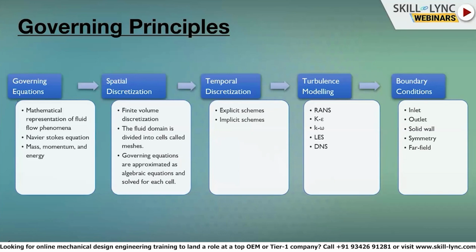For our computational fluid domain, we can specify the boundary, which will be the representation of the actual values in the actual problem. There are different boundary conditions like the inlet boundary condition. The inlet boundary condition could be a velocity inlet, pressure inlet, or mass flow inlet. So depending upon the problem, we have to arrive at the right boundary conditions.